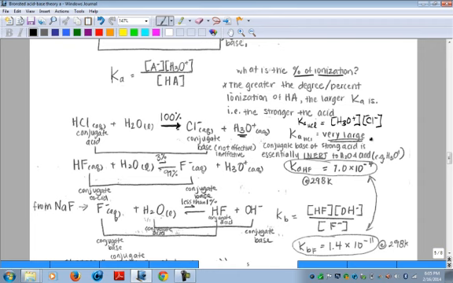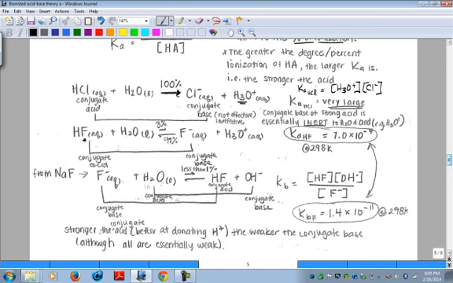For a weak acid, such as hydrofluoric acid, at equilibrium, roughly 3% of the molecules for most initial concentrations of hydrofluoric acid will react with water net and ionize and form fluoride and hydronium ion.